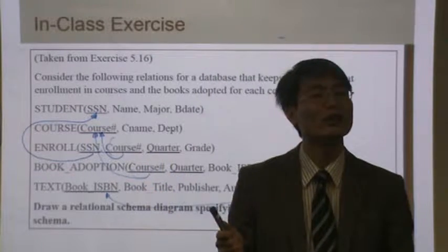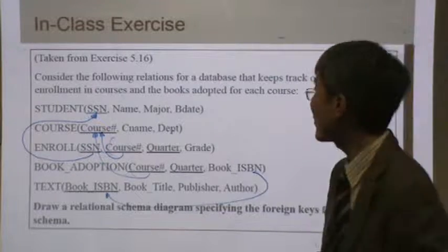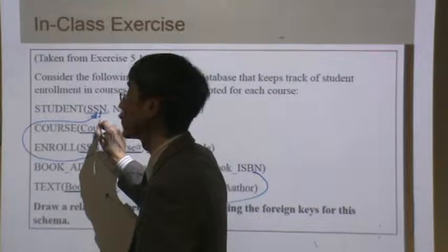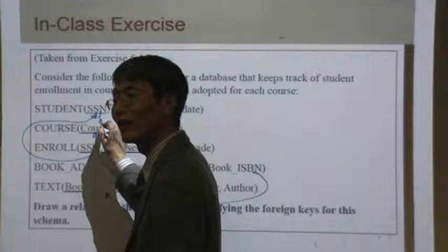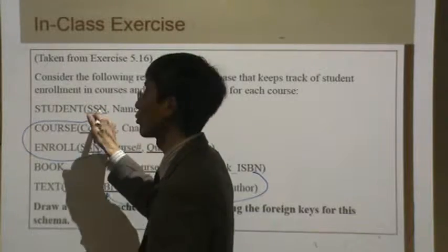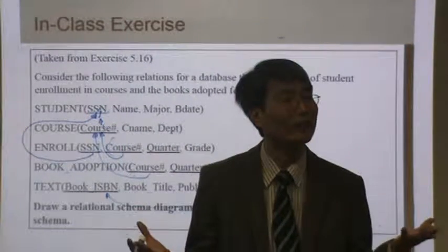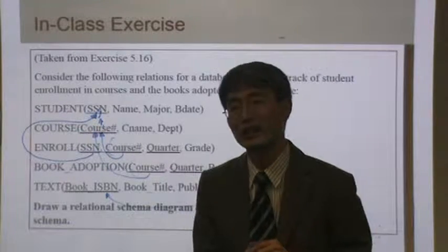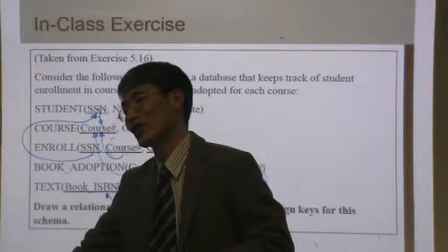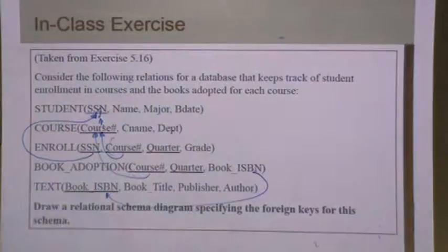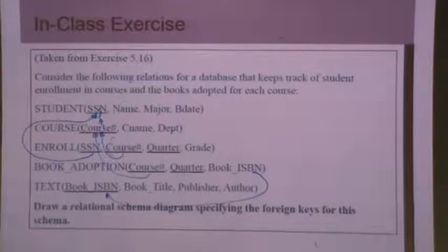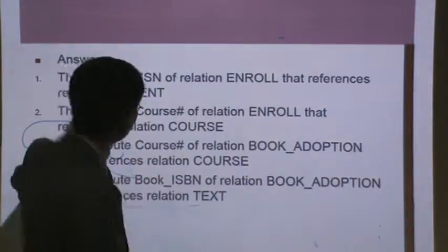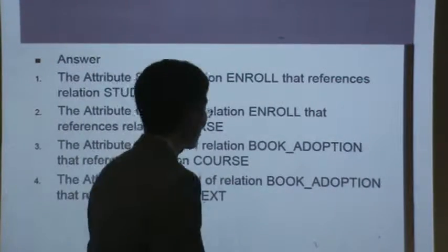It doesn't make sense to reference a column that is duplicated. If it's non-unique, how do you know which one is which? You don't know, right? So only a primary key or candidate key can be referenced. So that is the relational model.